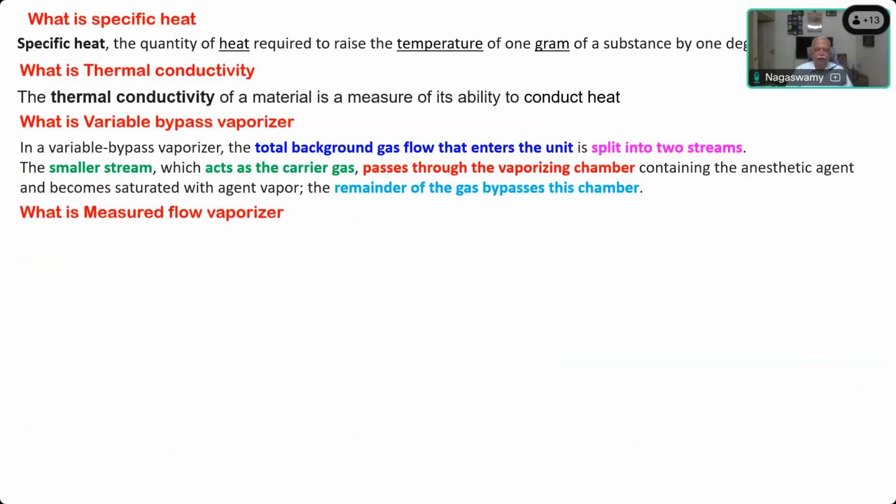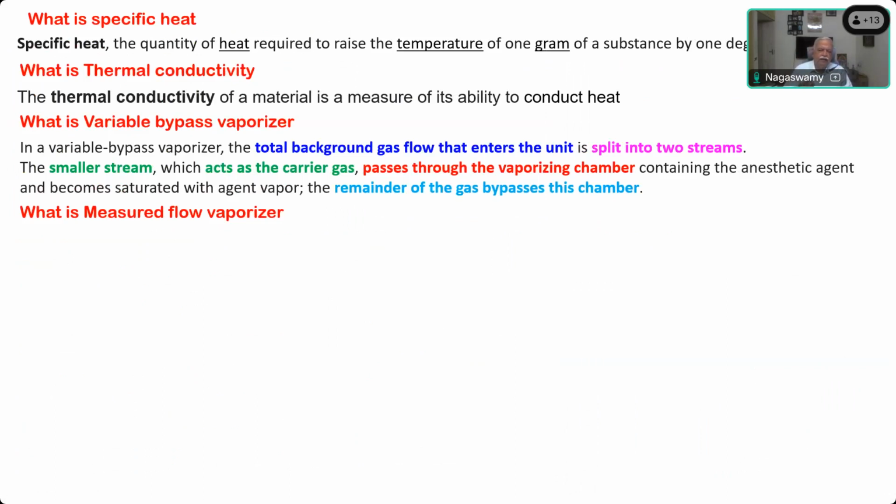In measured gas flow, with desflurane as the example you are familiar with, we pour the desflurane into the vaporizer, and there is a heating mechanism to heat up the desflurane to convert the liquid into vapor form. There is no fresh gas flow like your oxygen and air or oxygen nitrous oxide coming to pick up this vapor.